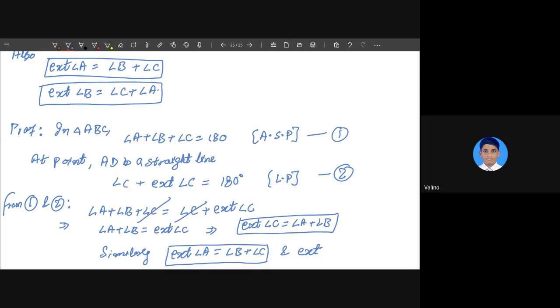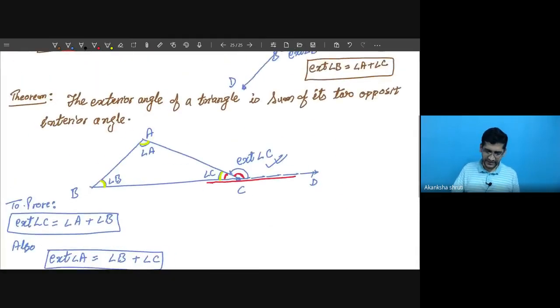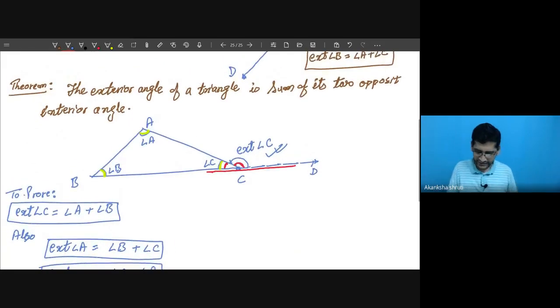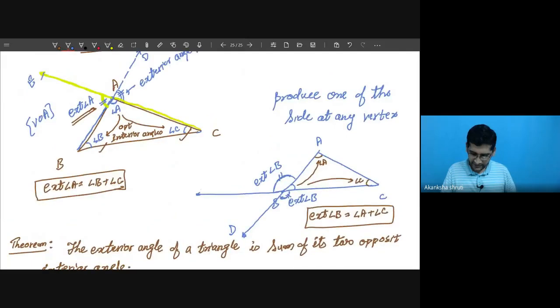Exterior angle B is equal to angle A plus angle C, or angle C plus angle A, which mean the same thing. This way it is proved. Okay, students. So these are very easy, you have to understand. Exterior angle may be produced at any vertex by extending any of the sides. So whether producing one of the sides or any of the sides at that vertex, you will get the same exterior angle. So don't worry about that.